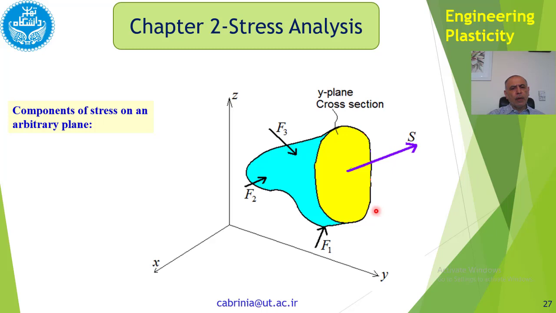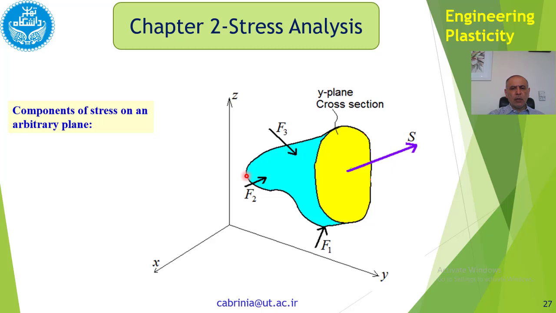And we are going to further develop this discussion on the stress, and here we are going to see what the components of stress are on an arbitrary plane. This is an arbitrary plane and this is the stress. We want to know what the components are.